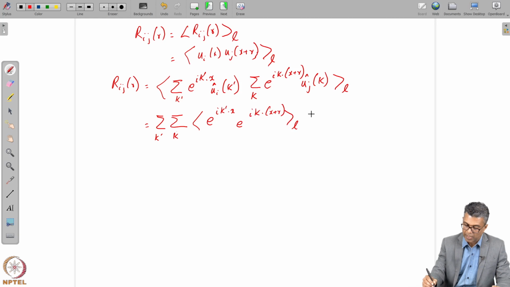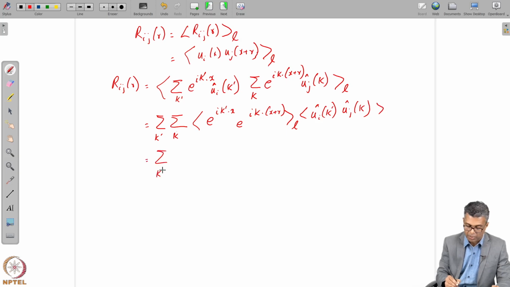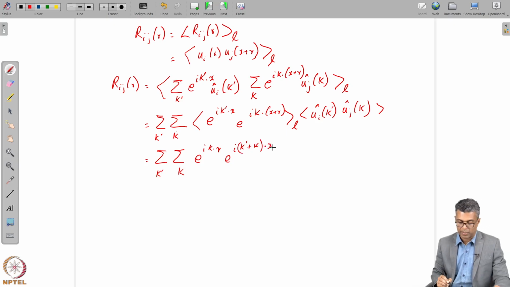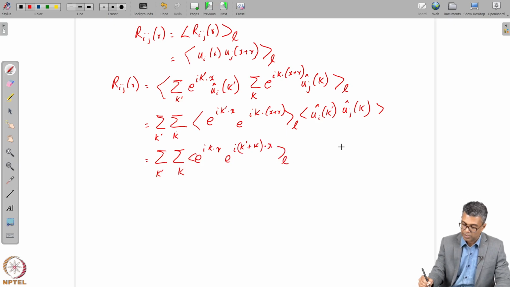Then I can write e to the i kappa dot r, and I combine the other two as e to the i (kappa prime plus kappa) dot x inside the volume average. This term stays as such.